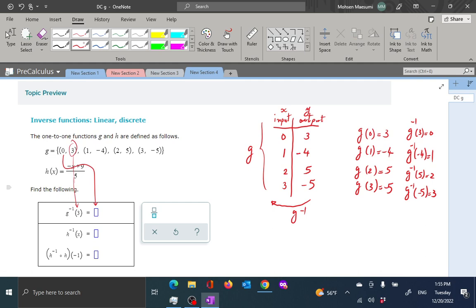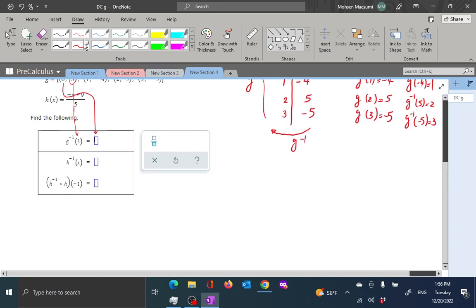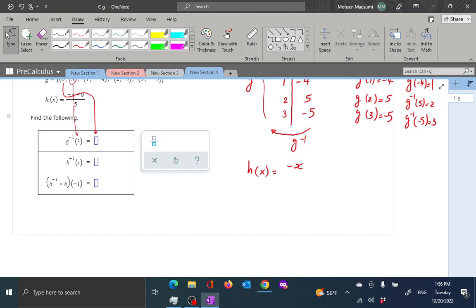Okay, the first question was simple. The second question is about a linear function. We are given some linear function and we are supposed to find the inverse of it and manipulate that inverse. That's just as simple. So we are given h of x is equal to minus x plus 9 over 5.